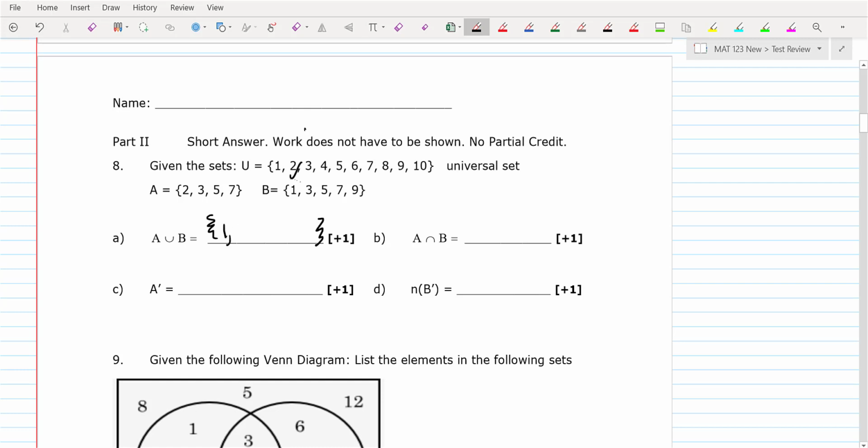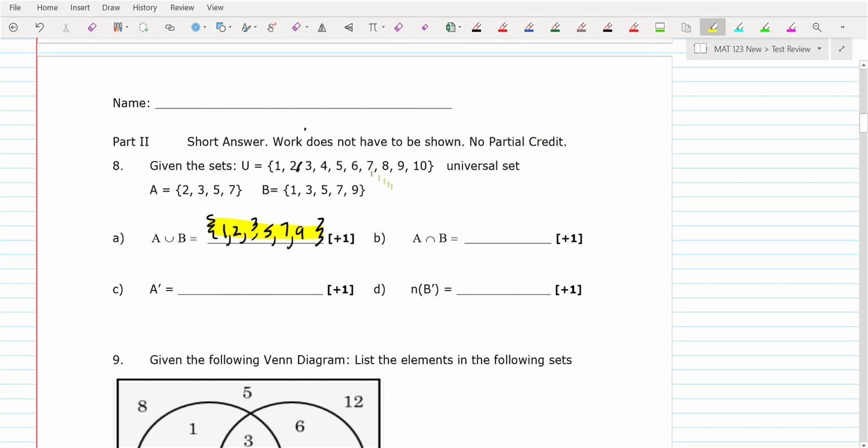There's a 1, there's a 2, there's a 3, but don't repeat the 3. Then there's a 5, but don't repeat the 5. And then there's a 7, again, don't repeat the 7. And then there's a 9. That would be the union of your two sets. What order you write that in doesn't matter. I just try to do it numerically.